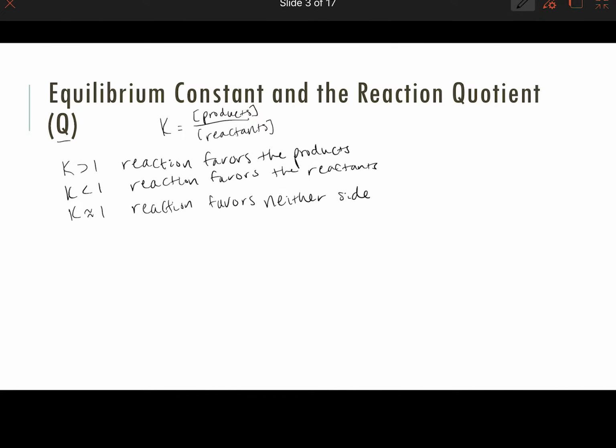So we look at K in that way, but when we're looking at K versus Q, we're going to look at the size of Q versus the size of K. So our reaction quotient, when compared to our K, can tell us what direction we need to proceed in order to reach equilibrium.